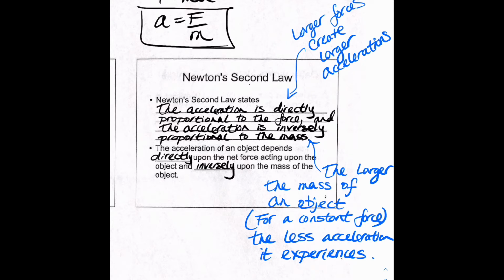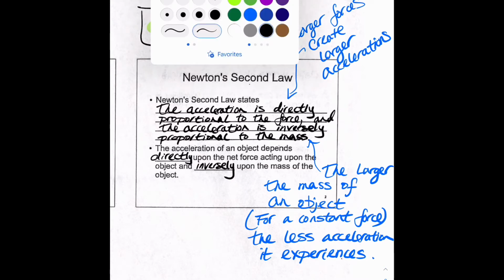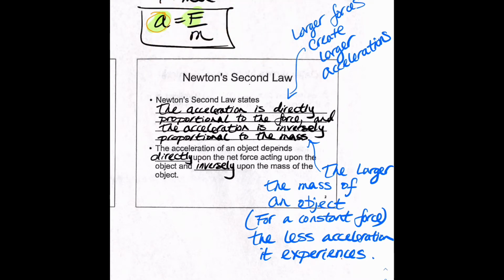This is the way to understand. Now you can see the direct relationship between A and F, or the inverse relationship between A and M.